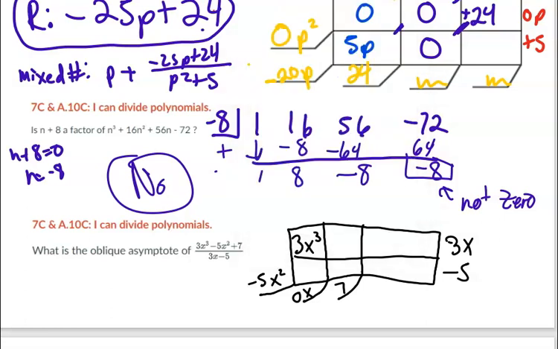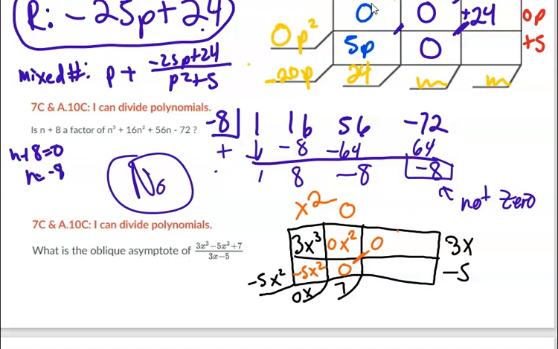So we're going to multiply by x squared to get our 3x cubed. Multiply these, you get negative 5x squared. Well, we already had that there, so we don't have to add anything to that. It's going to be 0, 0.